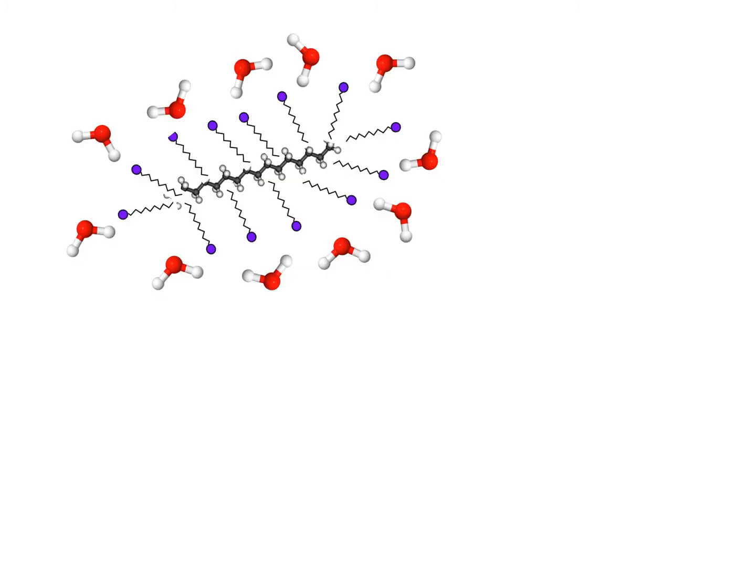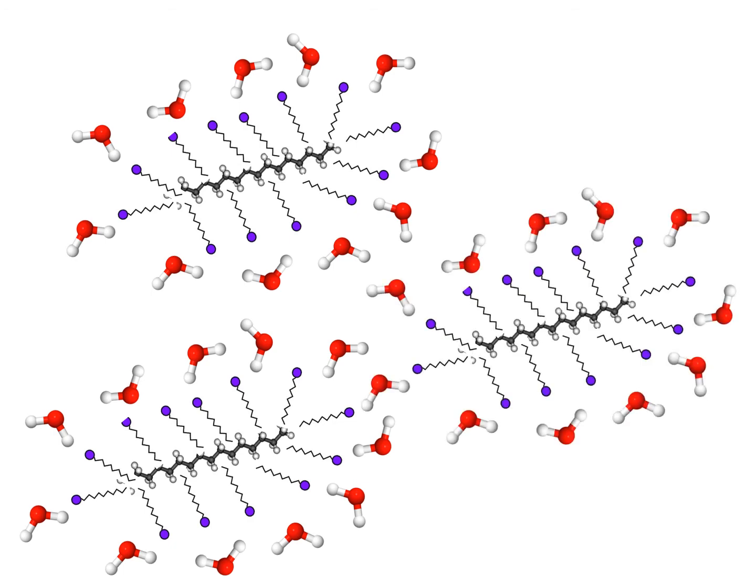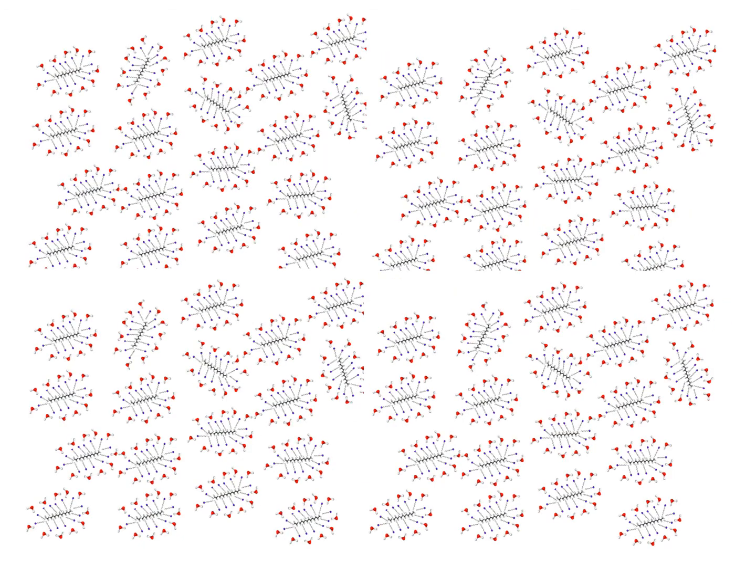So we'll get a situation that looks a little bit like this, and this will be repeated again and again. Now we have an even distribution of our micelles, our oil and water is evenly distributed, and because of the action of the emulsifier, we've now got our stable emulsion.